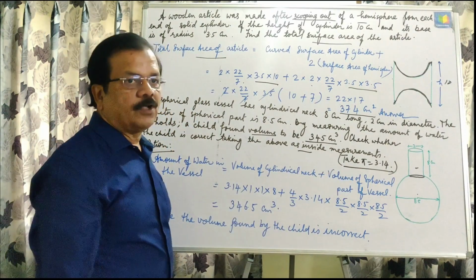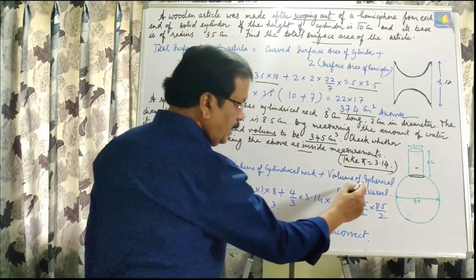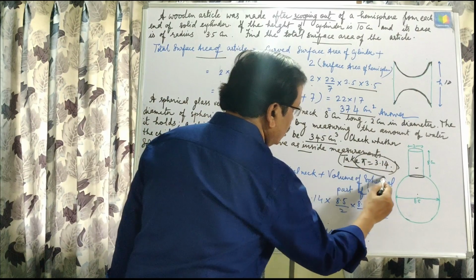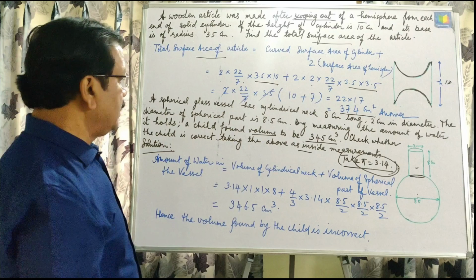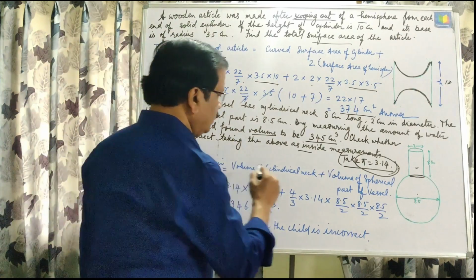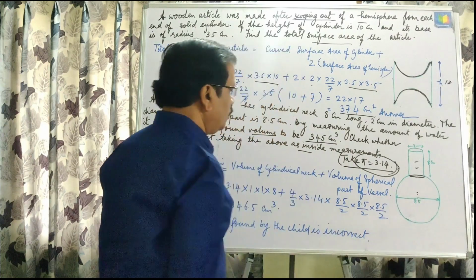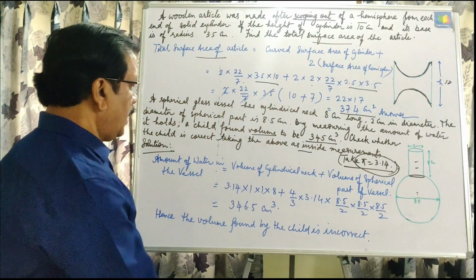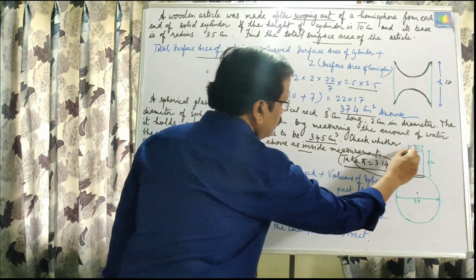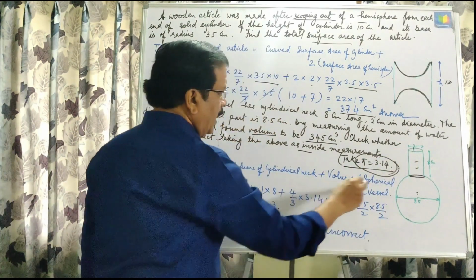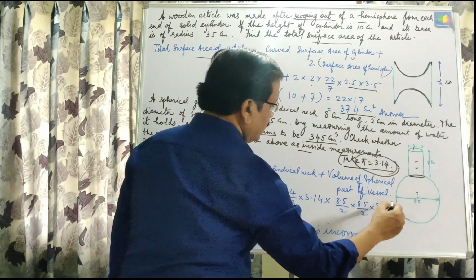In any question of surface area and solids, if we are given the value of pi, then we must take that value, then only we will be able to get the correct answer. And that is why volume of water in this vessel is volume of this cylindrical neck plus volume of this sphere. Cylindrical neck means pi r square, as this is given 2, then radius will be 1, h is 8, and plus 4 by 3 pi r cube.